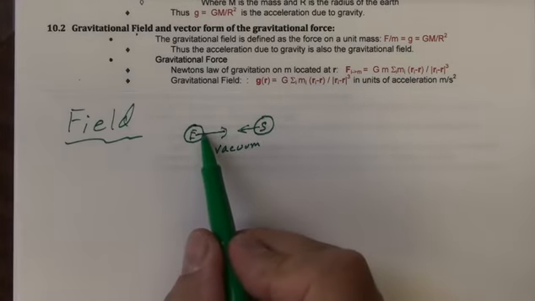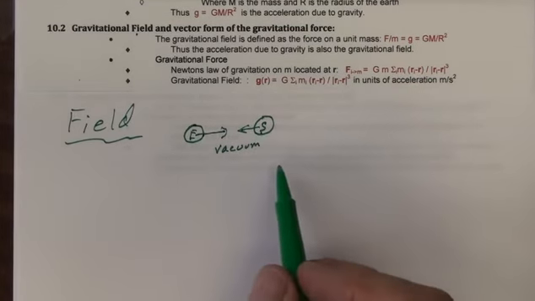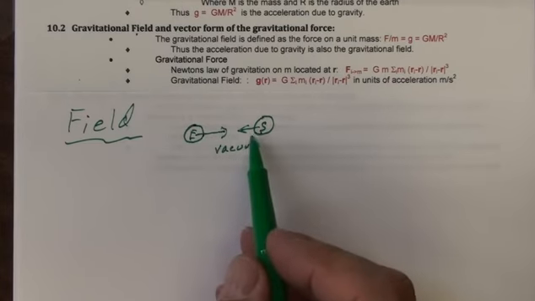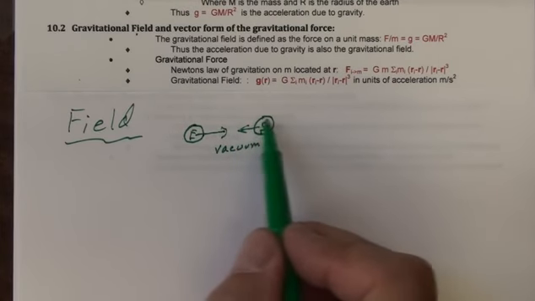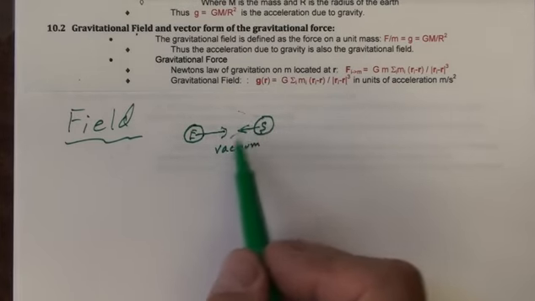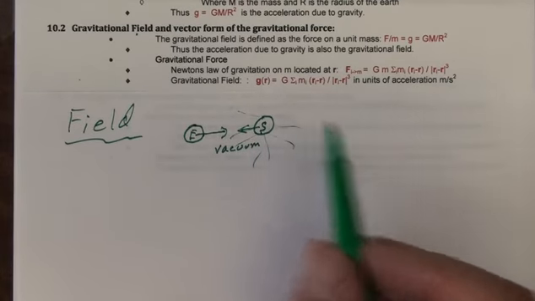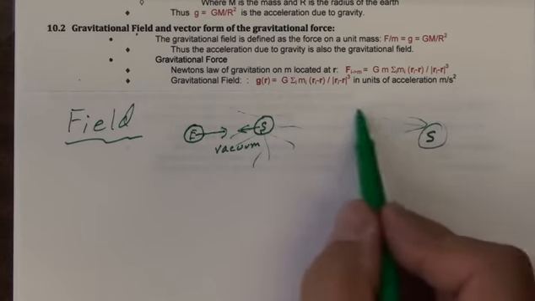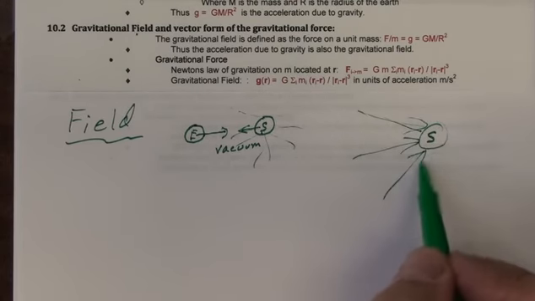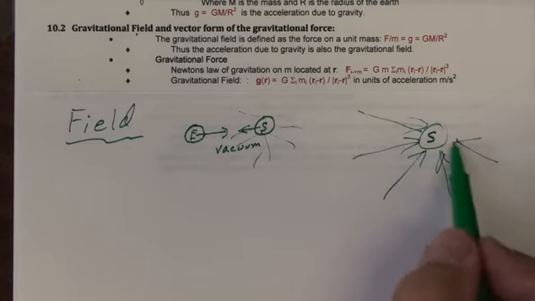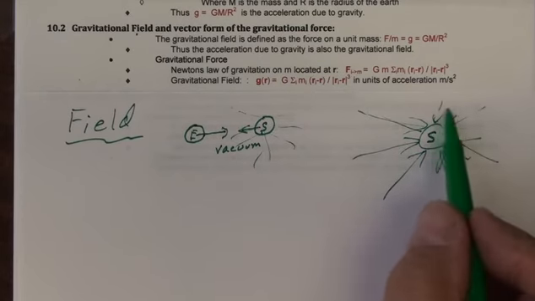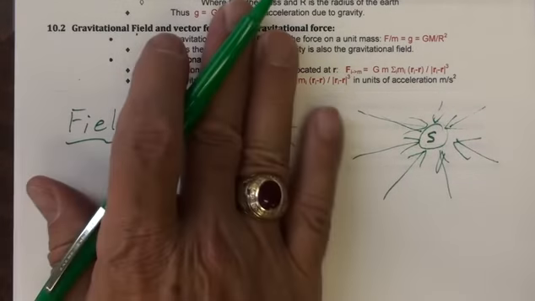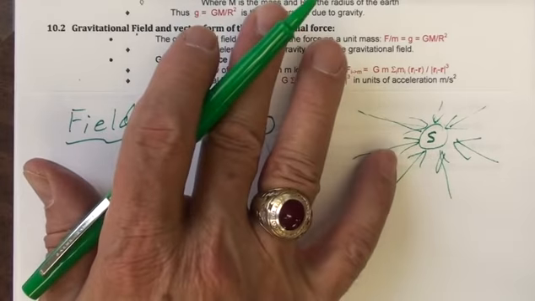Every object, like the Earth and the Sun, that has gravity, exerts a gravitational field. So if we just look at the Sun by itself, there's a gravitational field that pulls into the Sun. The point here is, if there's no Earth at all, there's still this gravitational field.